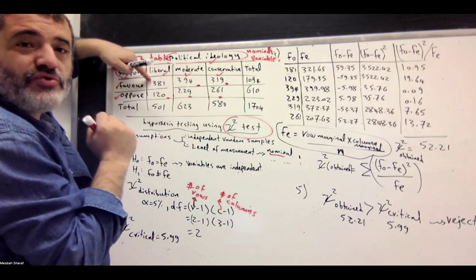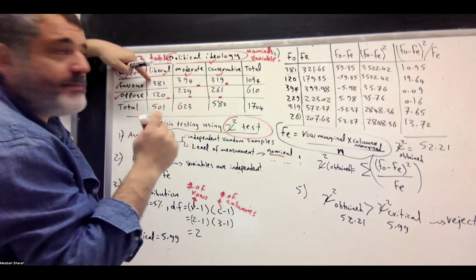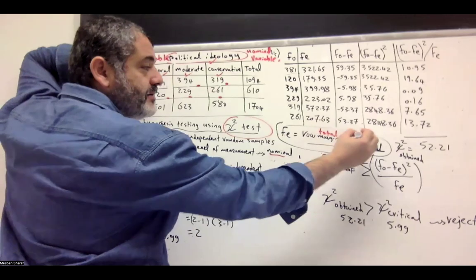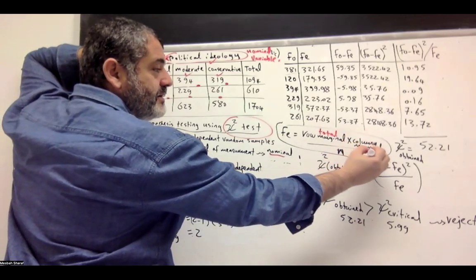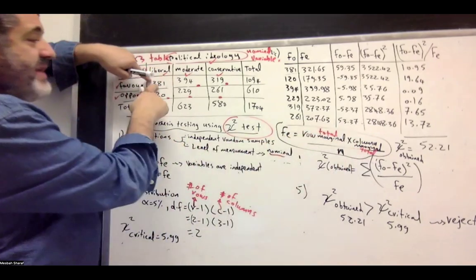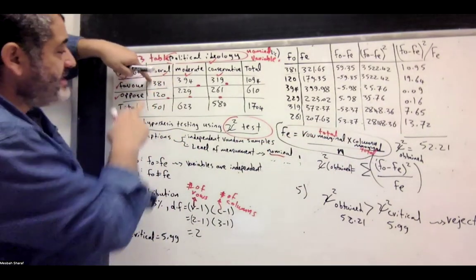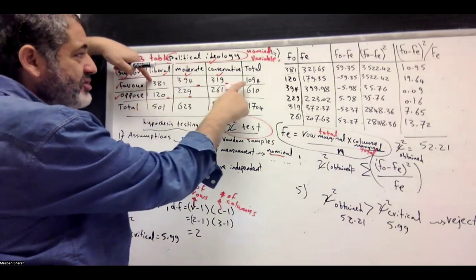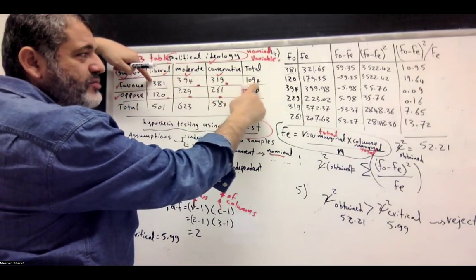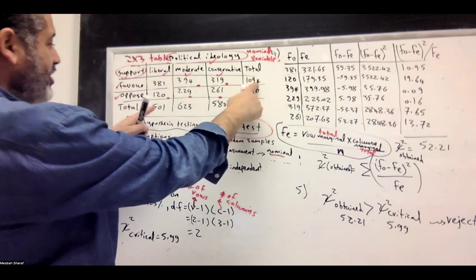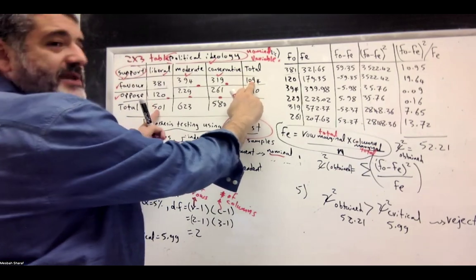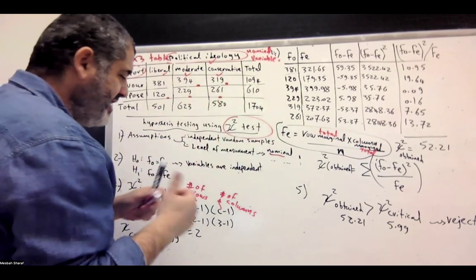So all you need to do is multiply the row total. Marginal means total. So you have to multiply the row total and the column total that the cell belongs to. So this 381 belongs to this row. So what is the total of that row? 1094, and it belongs to this column. So you have to multiply the 1094 by the 5. So let me calculate this for you.